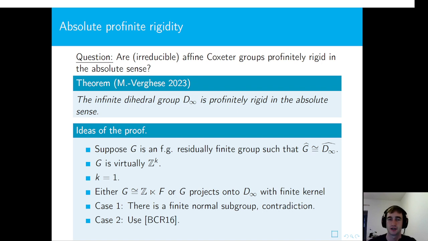I hope that potentially in a couple of months I can tell you more about this. So if you found this interesting, then definitely look on the archive in a couple of months. There will hopefully appear a paper that can give you more information on this question. Because the foundations have been laid. It seems like this is a reasonable question to ask, and we now have some ideas on how to study it, because we studied the easier cases first, and these seem to be working very nicely.